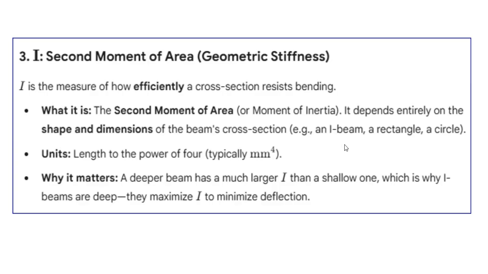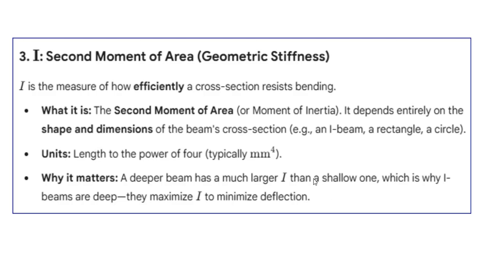We already discussed it, for an I beam, rectangle and circle. The length is to the power of 4, so the unit is mm to the power of 4, because it is the second moment of area. Why it matters: a deeper beam has a much larger I than a shallow one, which is why I beams are deep. We discussed it.